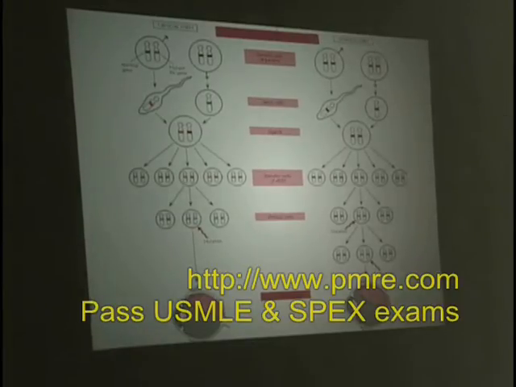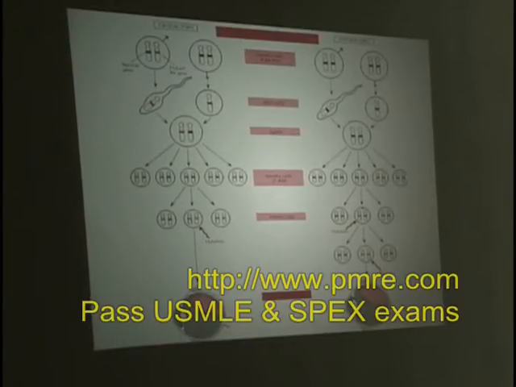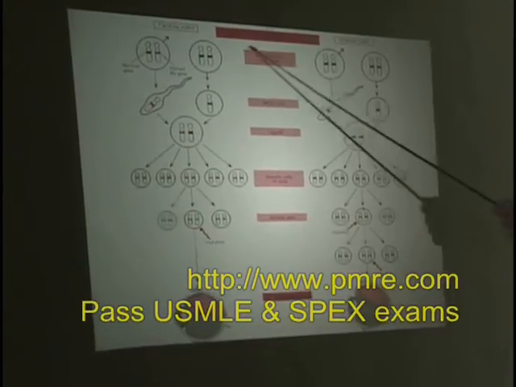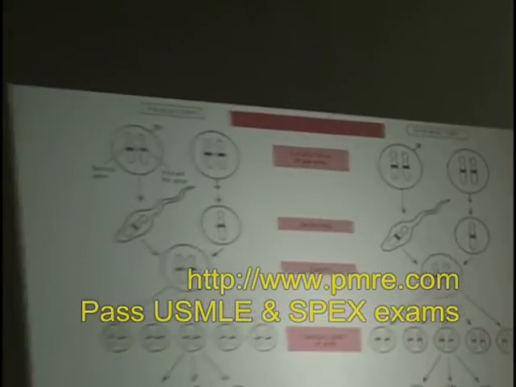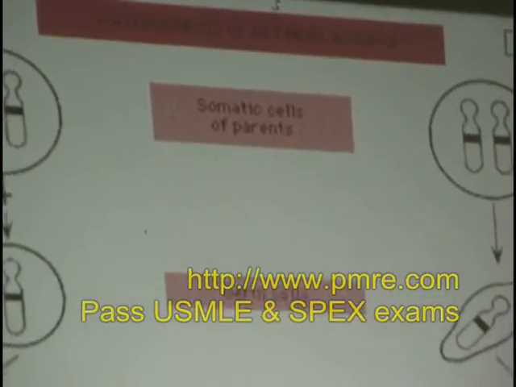Here we have a brief description of what happens in the pathogenesis of retinoblastoma. This is a tumor which usually appears in young children, in which the retinal cells in the retina get transformed and you get a malignant tumor of the eye. These individuals carry a mutation from one of the parents.